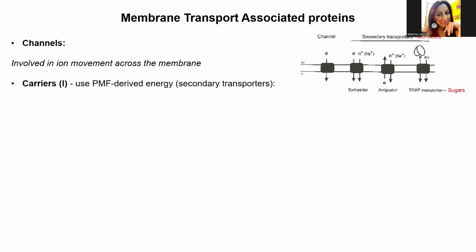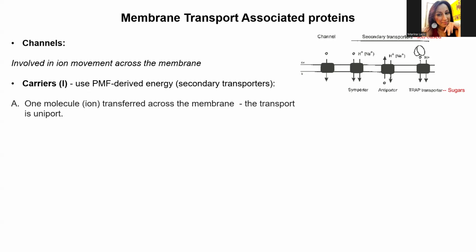The second ones are carriers, and we call them secondary transporters. Some people call them carriers one. What is characteristic for them is that they use PMF-derived energy, so a proton is involved in translocation of molecules via these transporters. Usually one molecule or ion can be transported across the membrane.